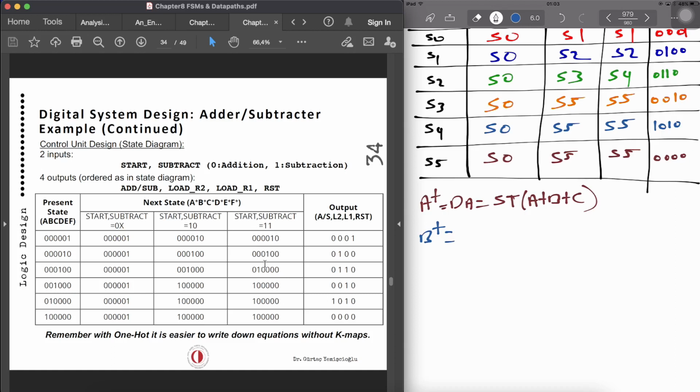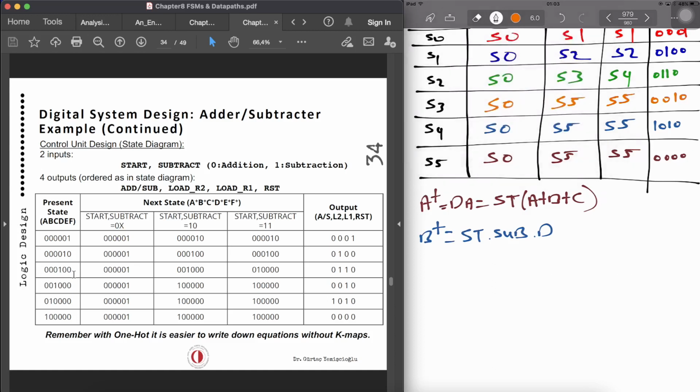So we can say this is start, subtract, and flip-flop D.